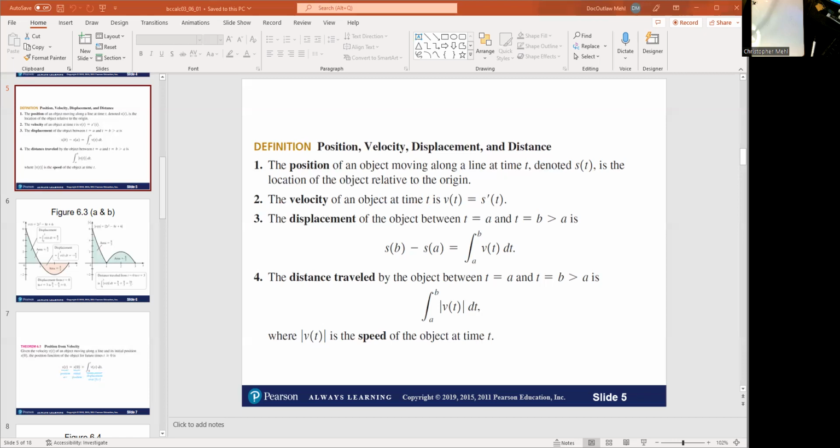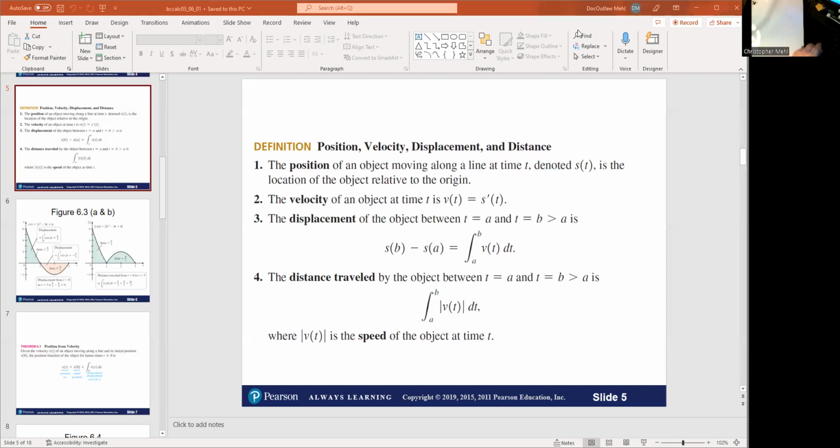But what if I don't want to know just the displacement? What if instead I want to know the position of the object at some future time? Well, if I know the velocity of the object and the time interval in question, I can figure out the displacement, but I need to know that initial position to figure out where the end position is.